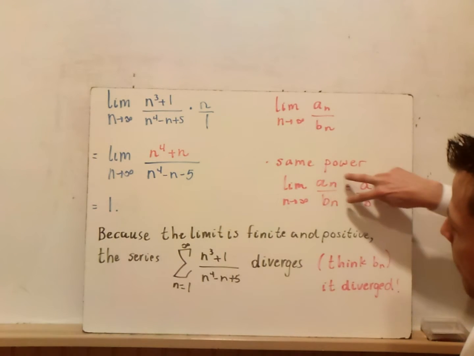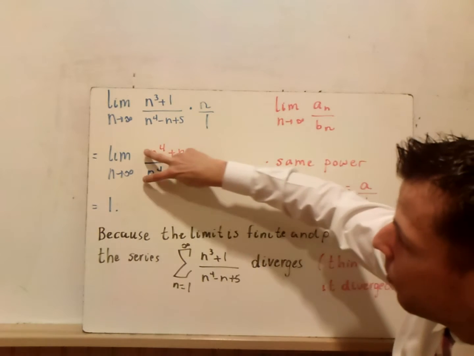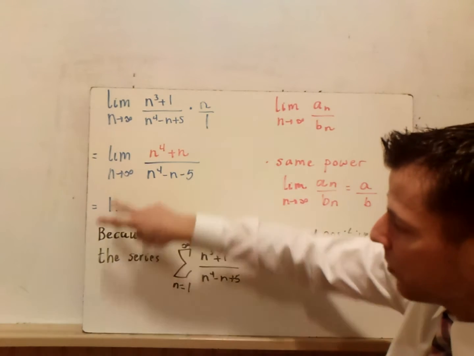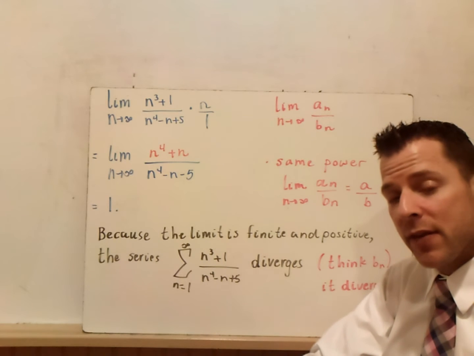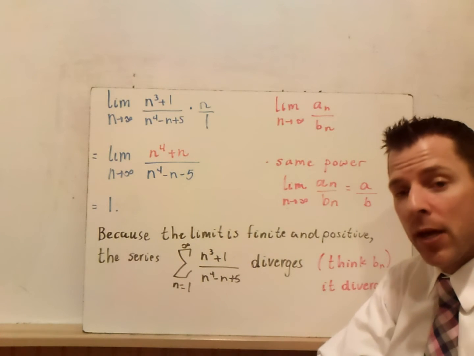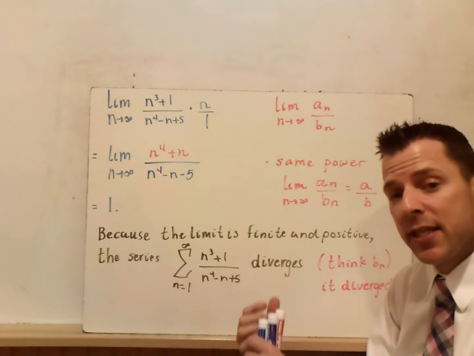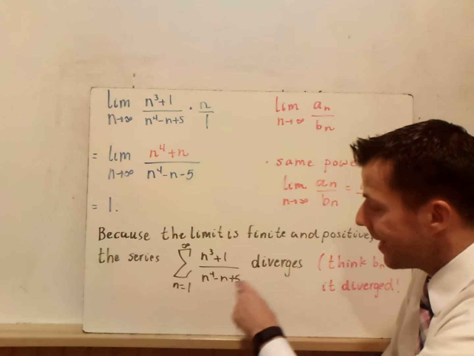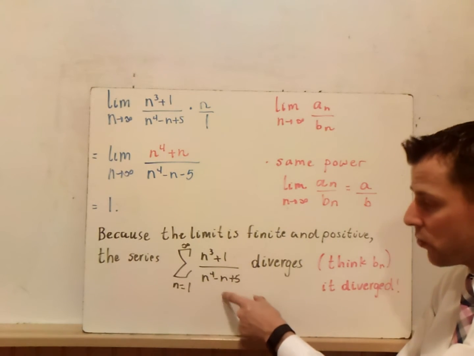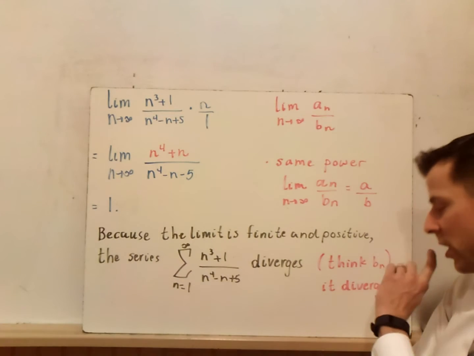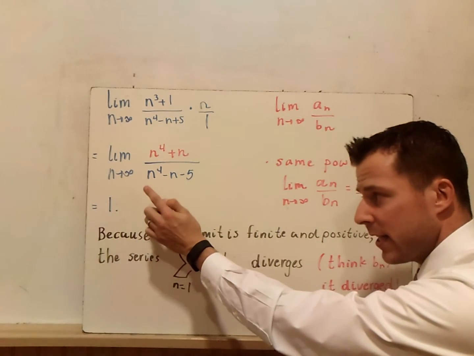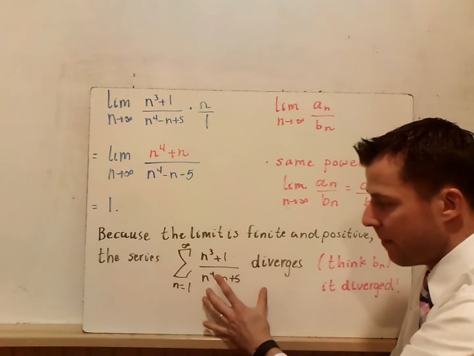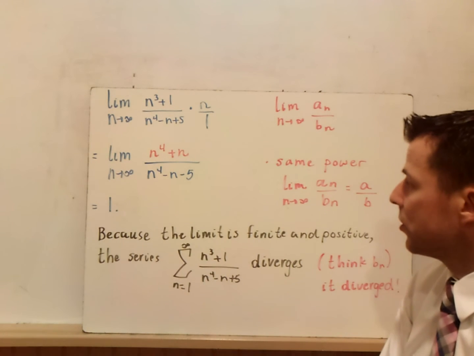These are not the same, a and b, so be careful. 1 over 1 is 1. Okay, so now it's a finite positive number. My compared series diverges, so that means this series diverges because what I was comparing it to diverges. We had a finite positive number, so now my series is going to diverge as well.